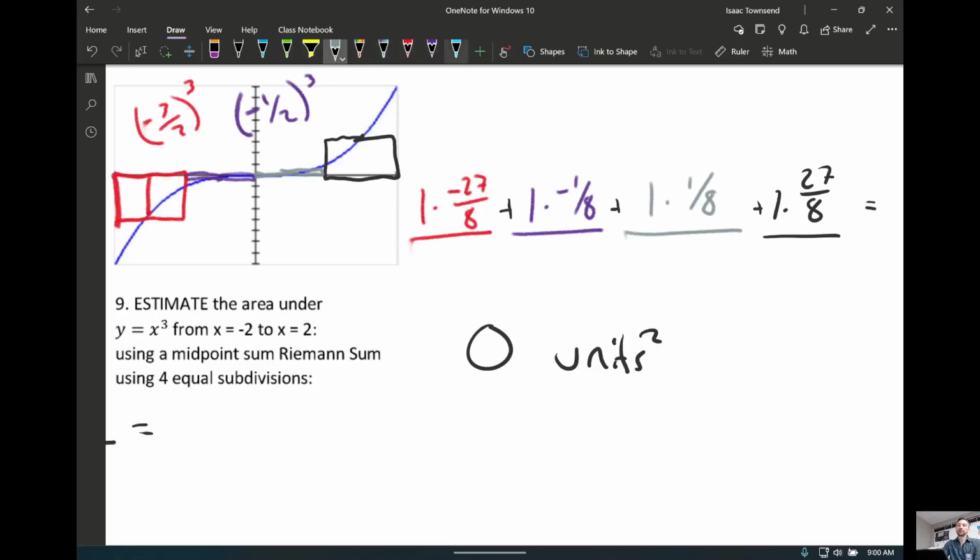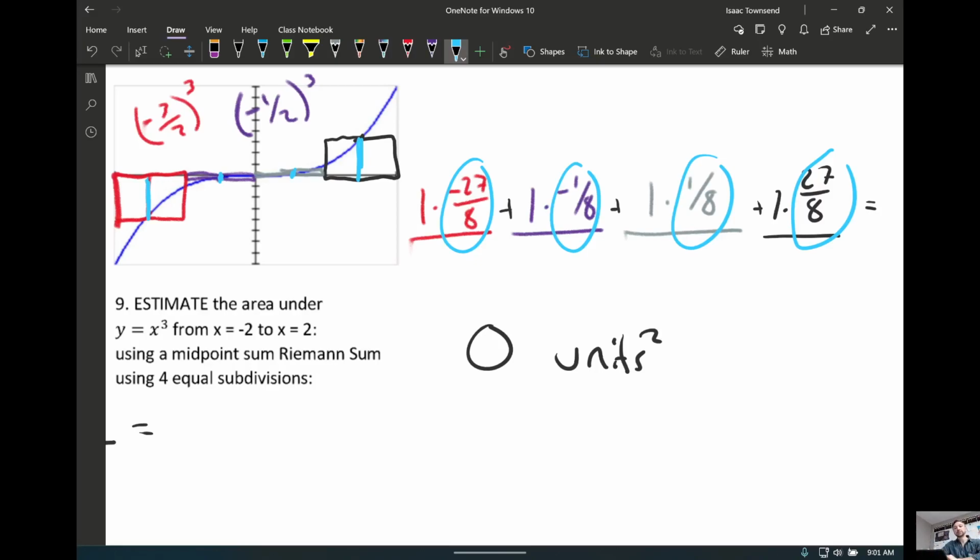But you need to take notice that when you're doing midpoint, oftentimes the y value, the width of each of these, is likely not going to be a nice whole number. So the way I was coming up with 1/8 and 27/8 is I was plugging those x values into the function and solving for y.